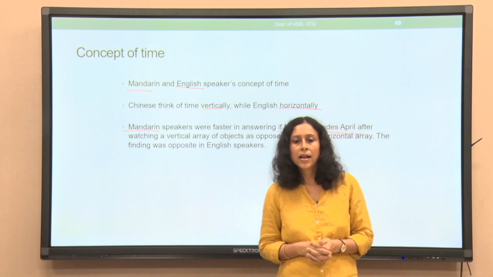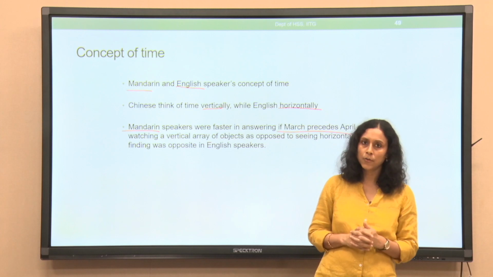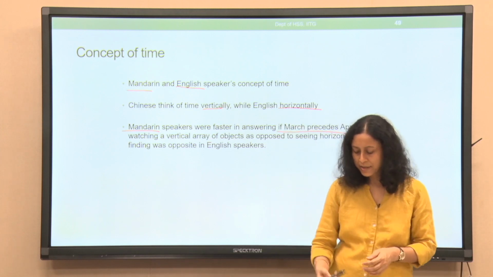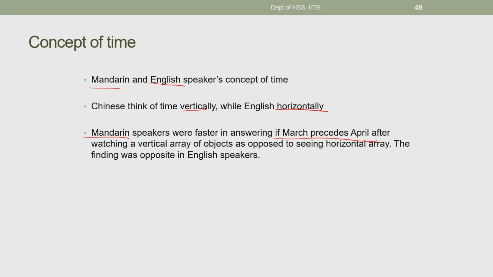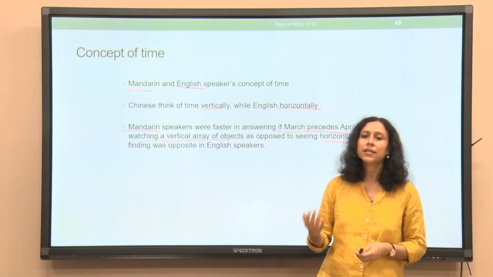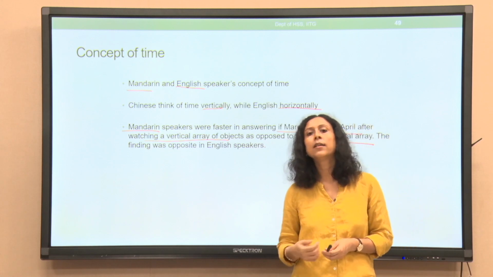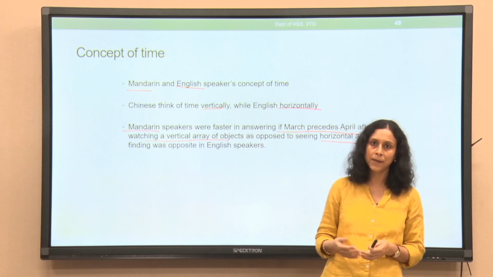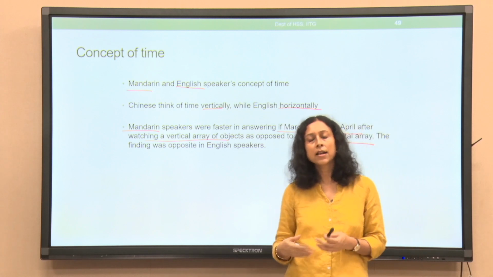The critical point here was they had another stimulus, called a prime, which was watching a vertical array of objects as opposed to seeing a horizontal array of objects. Before the question was asked, they saw an array of objects arranged either horizontally or vertically, and these are always randomized.